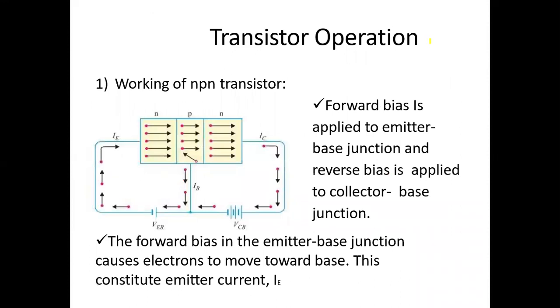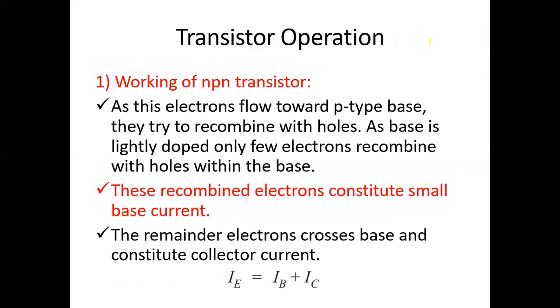The operation of the NPN transistor is shown here, with the emitter-base junction forward biased and the collector-base junction reverse biased. Forward bias causes electrons to move towards the base, which constitutes the emitter current, IE. As these electrons flow toward the p-type base, they try to recombine with holes.